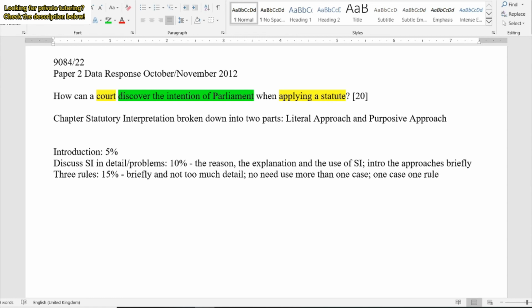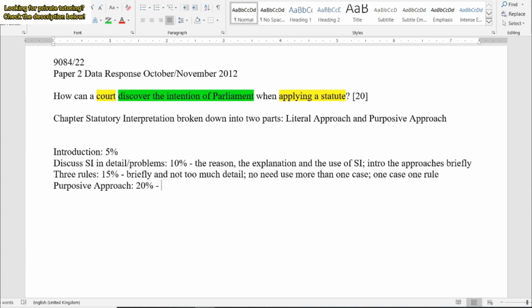Then after that you get into the purposive approach. Like I said, the whole thing will be 40% now. On average, let me just put it at 20% first.